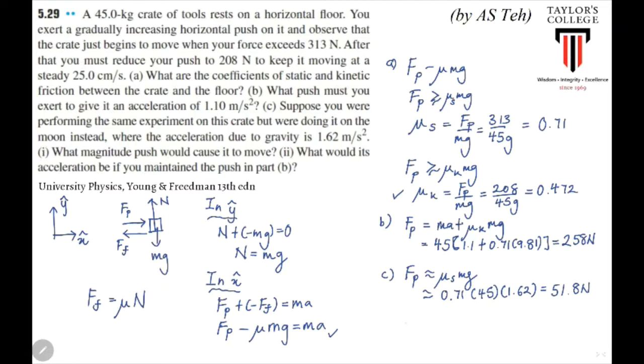That value of acceleration a would be equal to 1 over m times Fp minus mu k mg. In this case, please be aware g is on the moon, so this is 1.62. The calculated value, unfortunately due to space, will be equal to 4.97 meters per second.